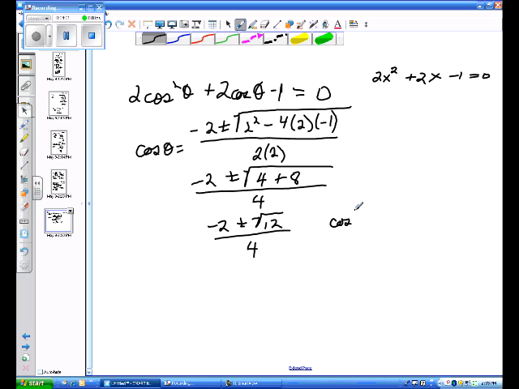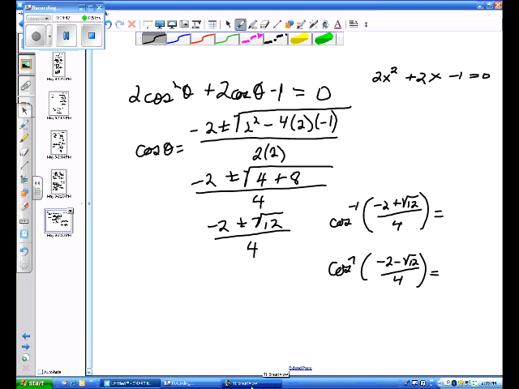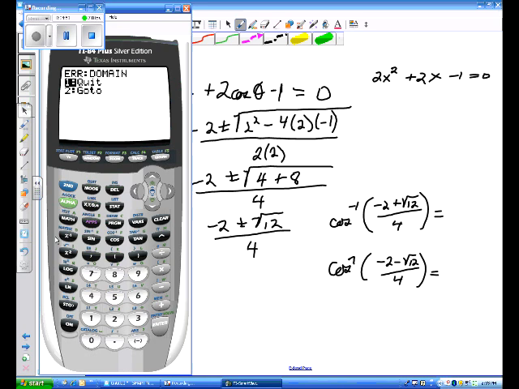So we're looking for the inverse cosine of negative 2 plus the square root of 12, over 4, and to see what that equals, and then the inverse cosine of negative 2 minus the square root of 12, over 4. We're trying to find out what angle has a cosine of that. So if we get our calculator out, we want second cosine.